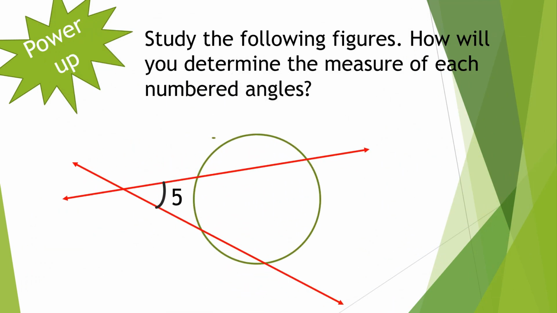Figure number 5: two secant lines meet at the exterior point of the circle and it forms angle 5. How are we going to determine the measure of angle 5? Illustrations show the different theorems on segments and angles formed by tangents, chords, and secants of a circle.